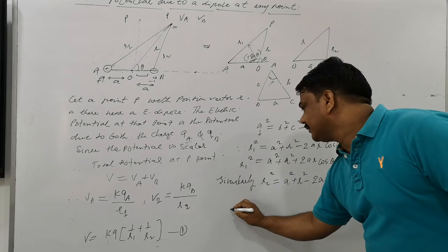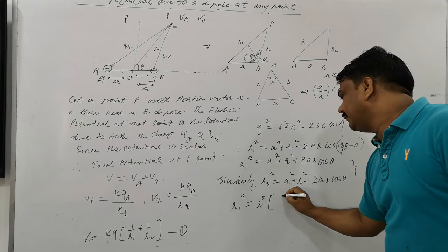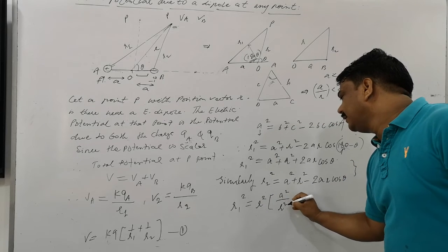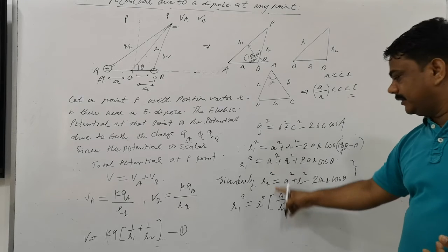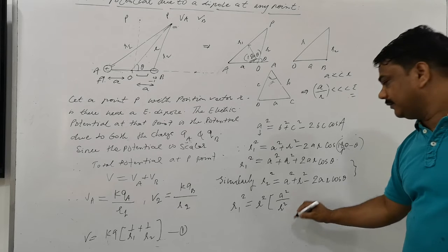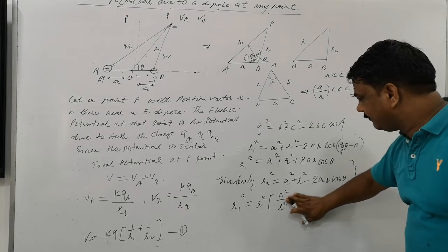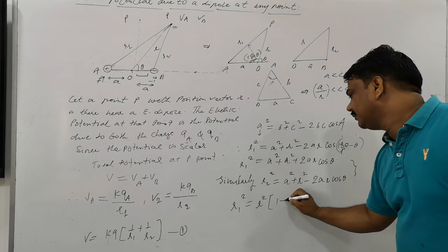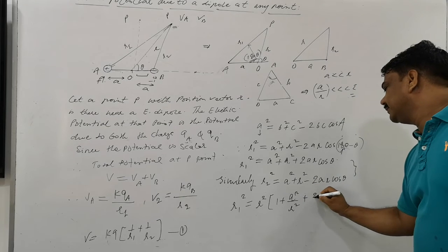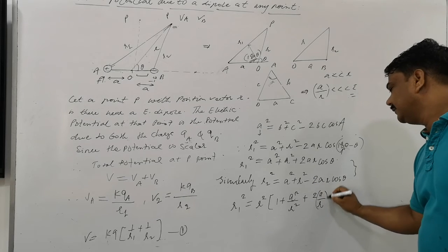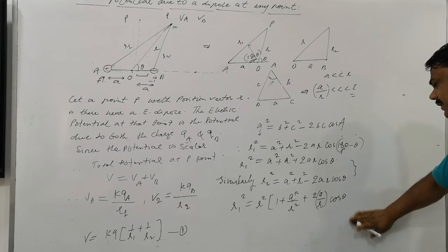So this relationship can be written: r squared is common, we will have a squared by r squared, as the quantity is not having r as denominator right now, it's in the numerator. Here we have taken common, 1 is there. So this 1 is written first, 1 plus a squared by r squared, plus, once r is taken common, a by r is also there. Is that clear? And here cosine of theta. Is that clear now?